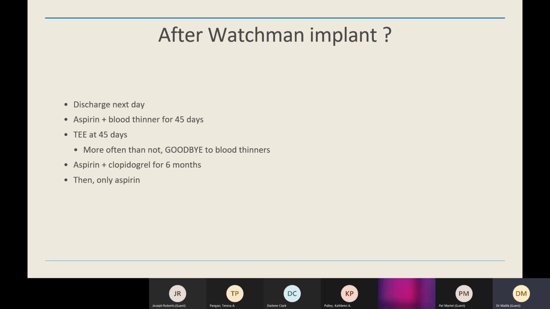And if that's the case, then blood thinner goes away, which is warfarin or one of the other newer ones. We do keep patients on aspirin and Plavix or clopidogrel, which is the generic name, for 6 months. And then they only take aspirin. So at that point, stroke risk is low, and you're not taking a blood thinner anymore, which is a very desirable outcome.